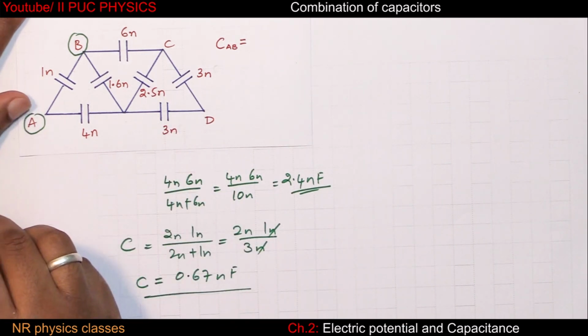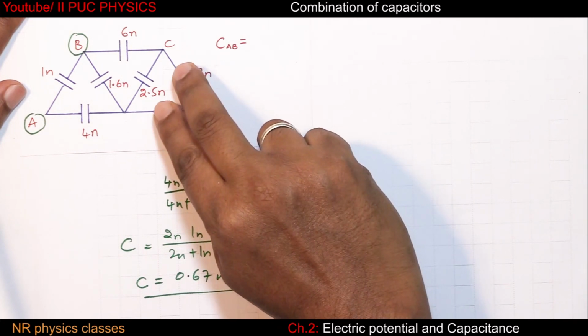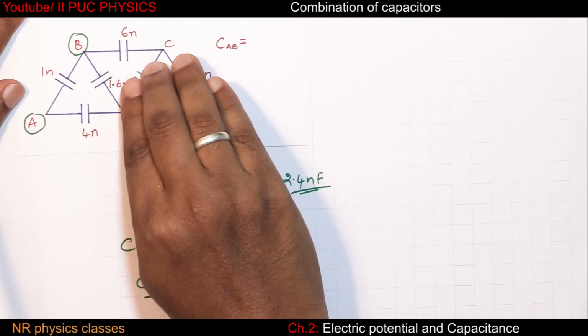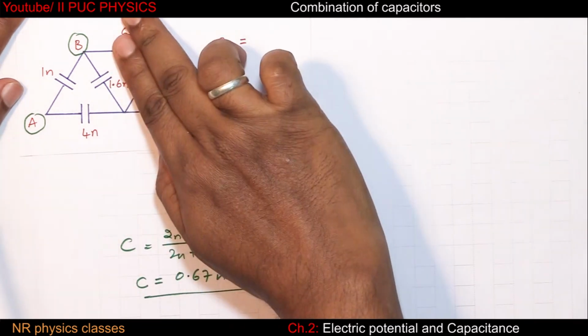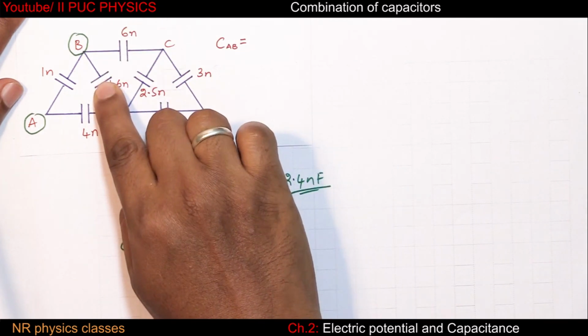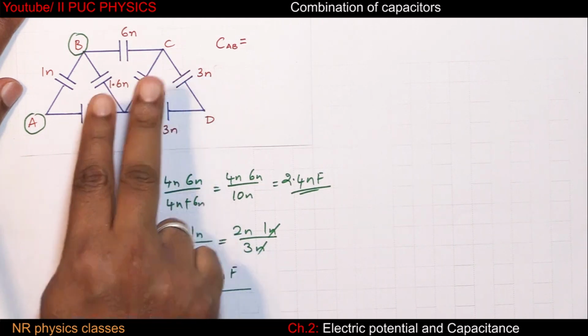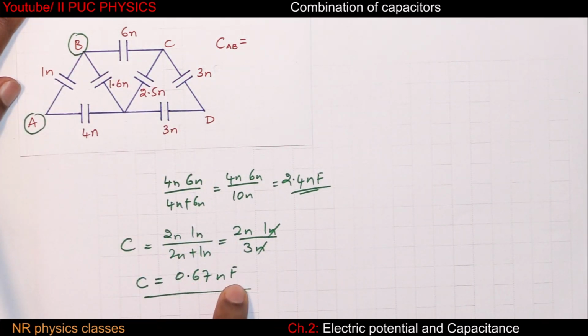Let me repeat faster. 3 series 1.5, this 1.5 parallel to 2.5, 4 and 6 series 2.4, 2.4 parallel to 1.6, 4 series 2, 1 parallel 0.67 nanofarad.